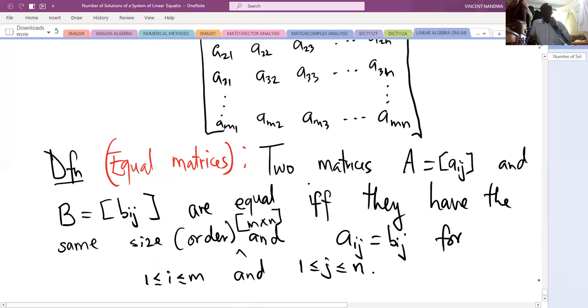So remember, the order of a matrix or size of a matrix is given by the rows of the matrix by the columns of the matrix.